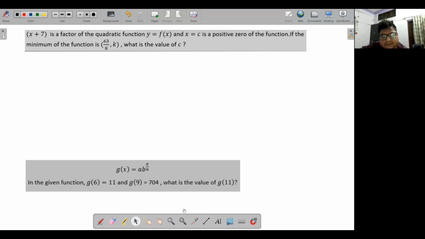Is my screen visible to all of you? The Desmos part, sir. Only the question is visible. Let us wait for 1 minute and see if anyone can respond. Else, I can go with solving that problem using Desmos.